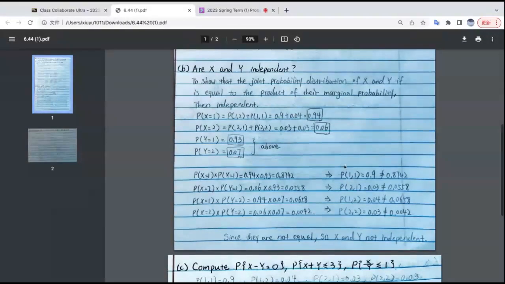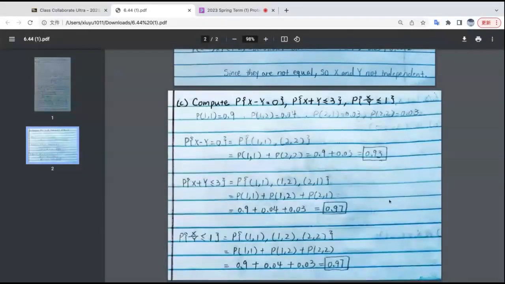And by the question, we know that the probability of (1, 1) is equal to 0.9, so it's not equal to the answer we found, and the others are similar, all of them are not equal, so x and y are not independent.